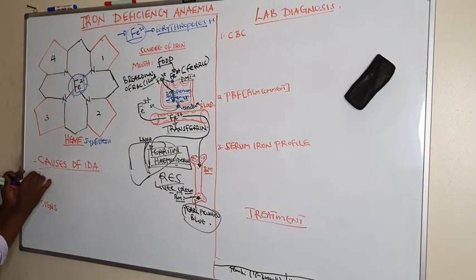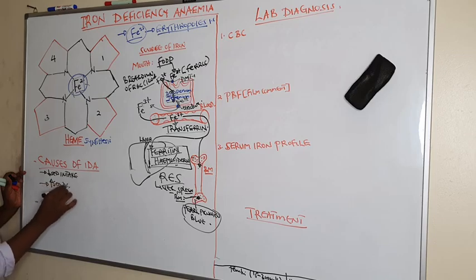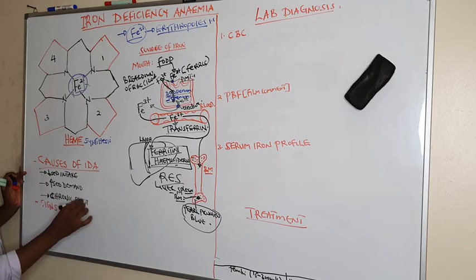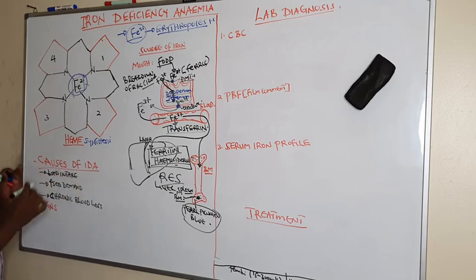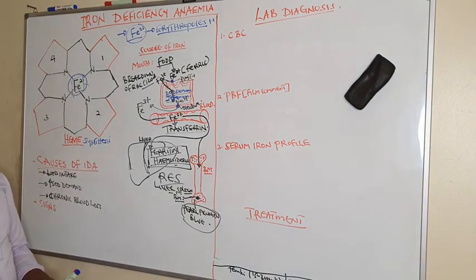It can be due to decreased intake of iron, it can be due to increased demand, or it can be due to chronic blood loss. So these are the three ways which can cause iron deficiency.